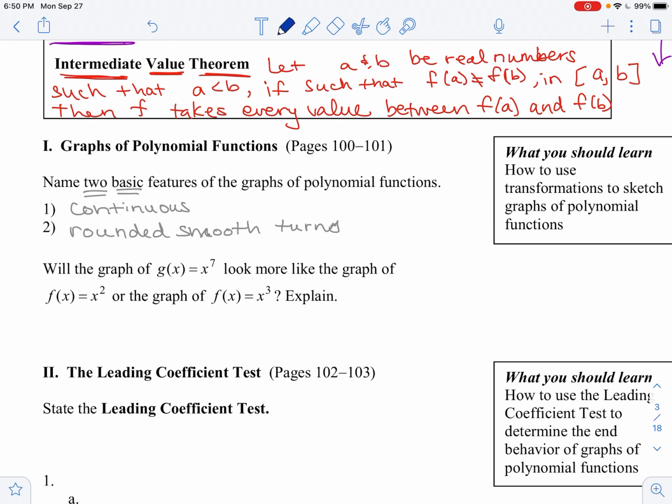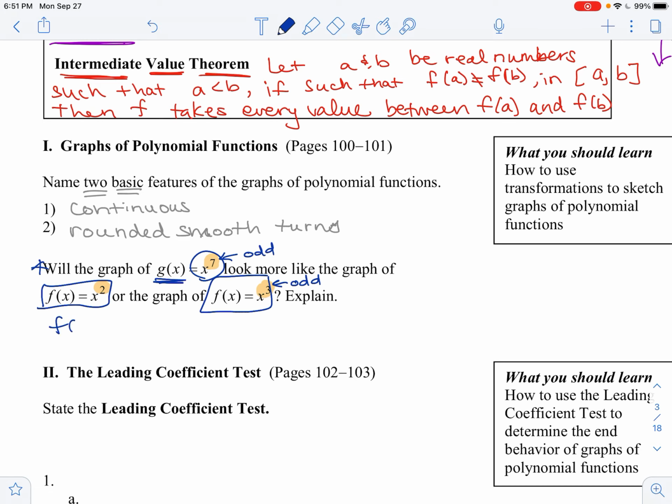So let's talk about this one. Will the graph of g of x, where x is to the 7th, look more like f of x where x is squared, or f of x where x is cubed? Because we're looking primarily at the exponents, we see that this one is an odd number, and so is this one.